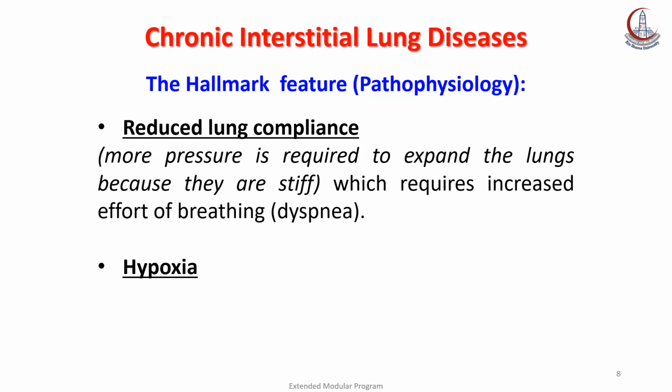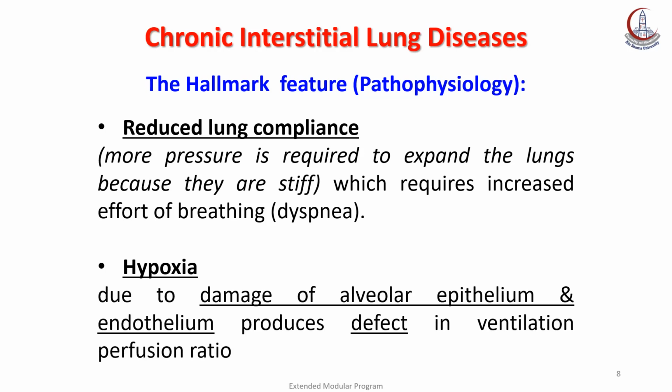Dyspnea means effort to get inspiration. Hypoxia: due to damage of the alveolar epithelium and endothelial cells, the site of perfusion from air into the blood, this lesion will produce a defect in the ventilation and perfusion ratio.